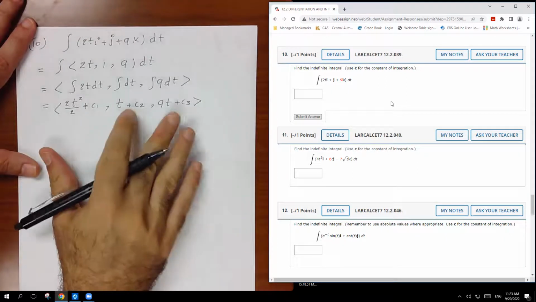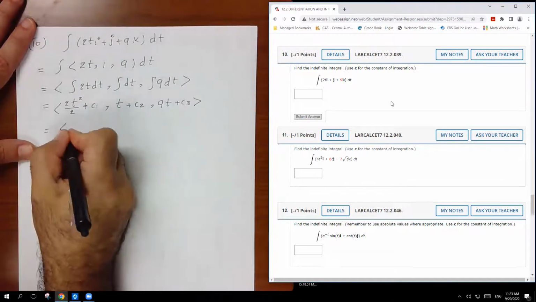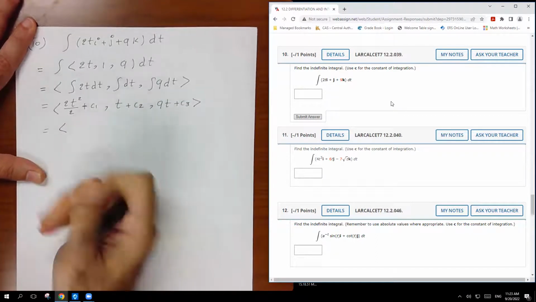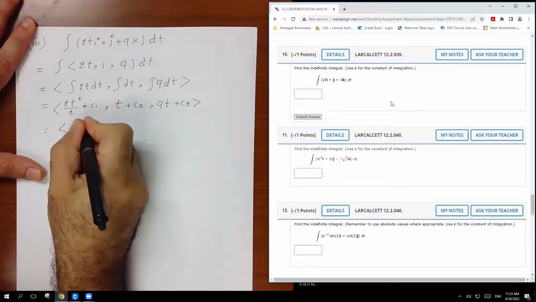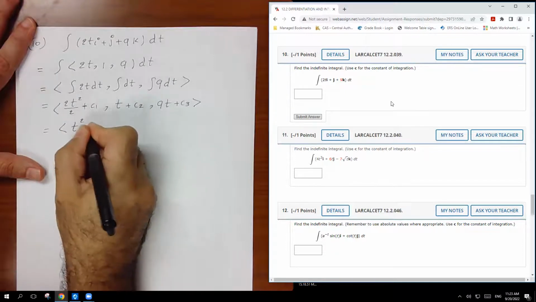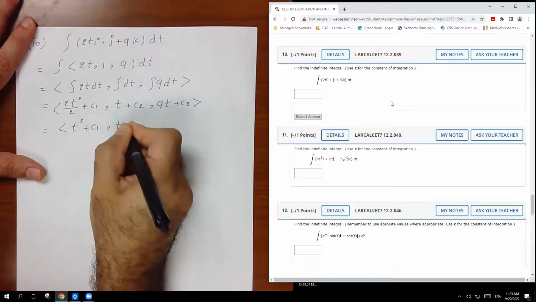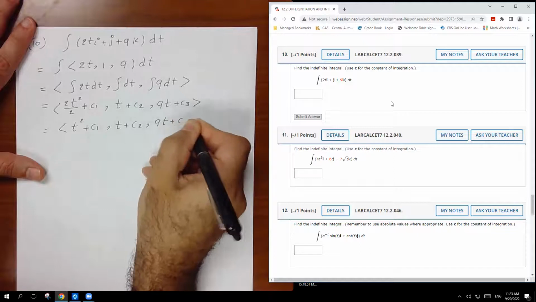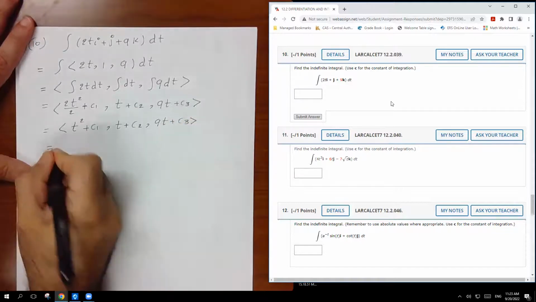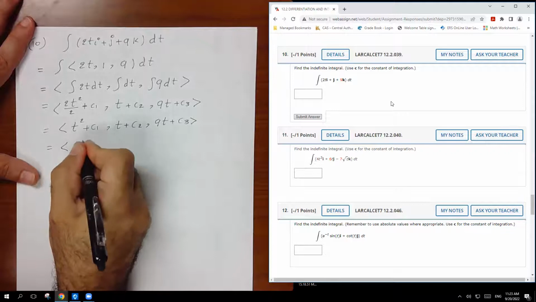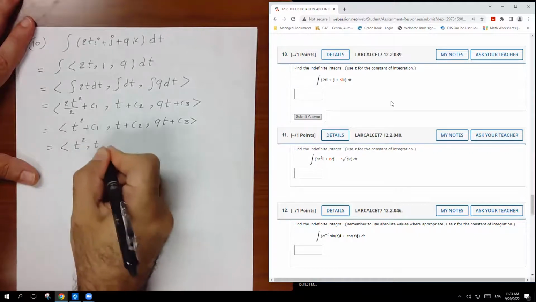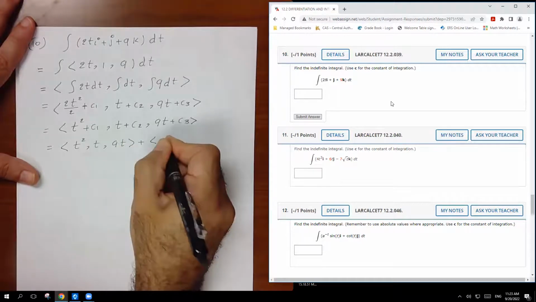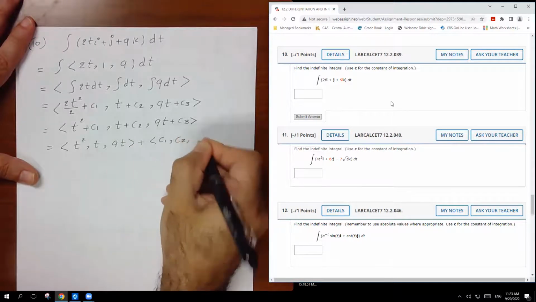Now we're going to write down the vector. This one is going to be t squared plus c1, t plus c2, and 9t plus c3. So we write t squared, t, and 9t plus c1, c2, and c3.